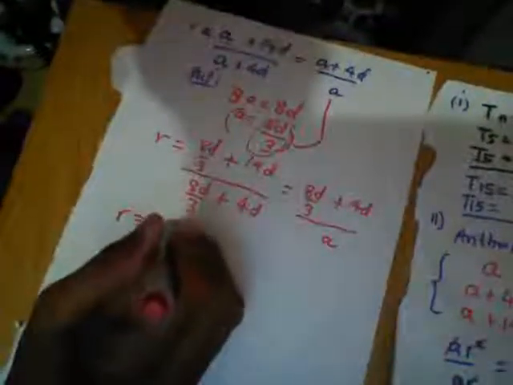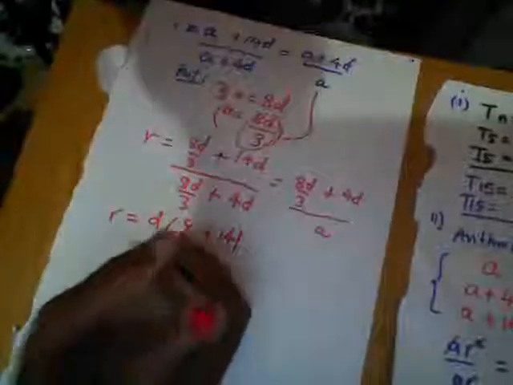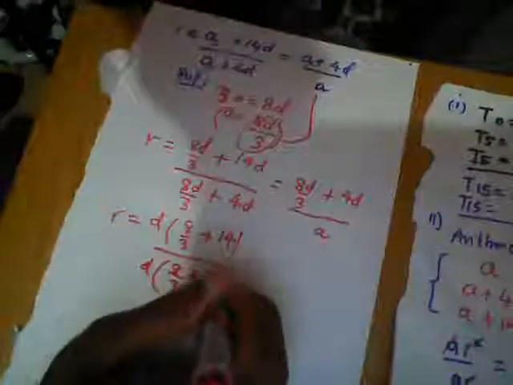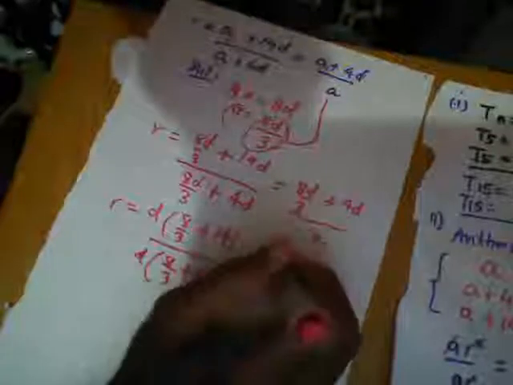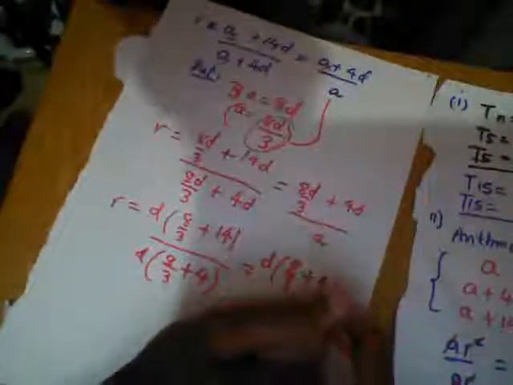These are like terms, so let's do it systematically. R equal to: you can take D out because it's common, so we're left with 8 over 3 plus 14 on the numerator. At the denominator I take D out too, so I'm left with 8 over 3 plus 4.